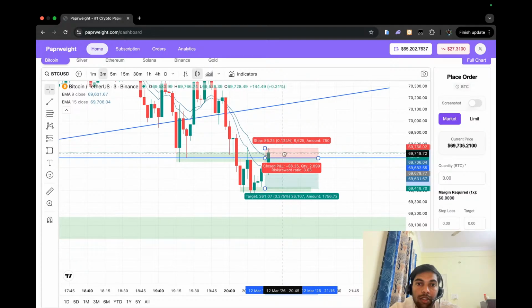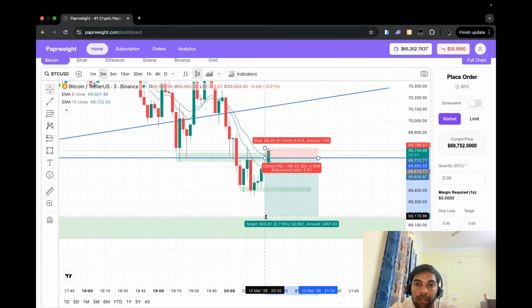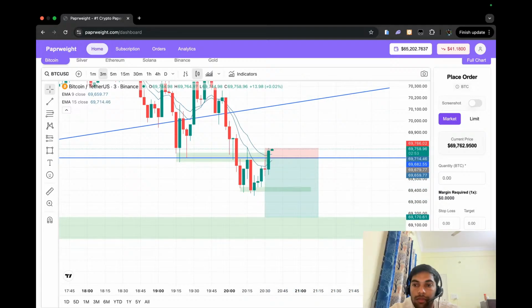This is my stop loss. Same candle high stop loss. This is my target again. Okay. I think I should square off again. Come on.